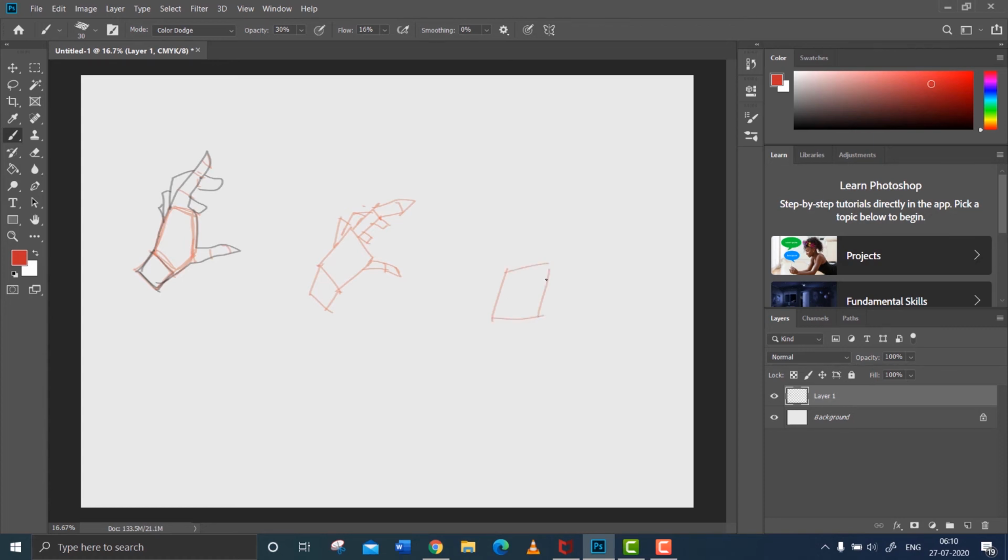A cuboid for the palm. Rectangles, not rectangles, cylinders for the fingers.